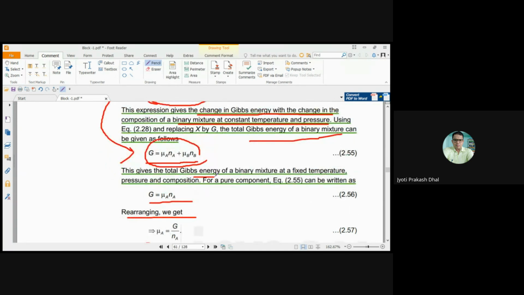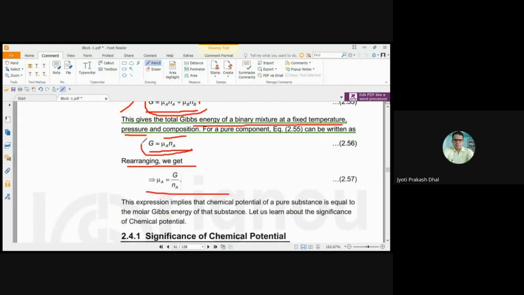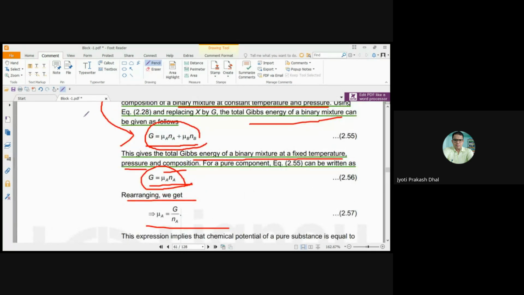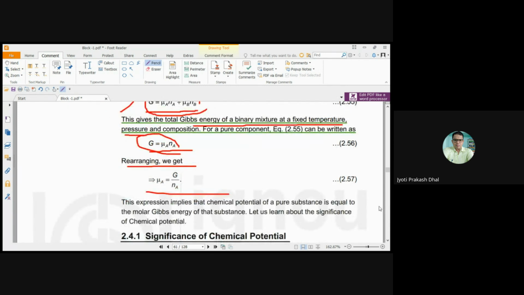This gives the Gibbs energy of a binary mixture at constant temperature, constant pressure, and constant composition. For a pure component, only A is there, so G equals mu A Na, and similarly we can write mu A equals G divided by Na.